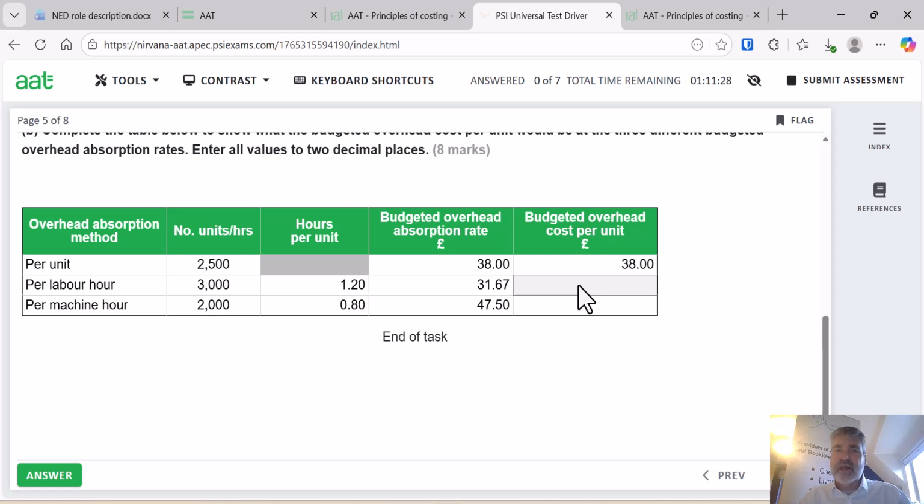Well, we've worked out earlier that there are 1.2 labour hours needed to produce one cost unit. So the overhead absorption rate is £31.67 per labour hour. So for one cost unit, the costing would be 1.2 hours times £31.67. The answer comes back at £38.